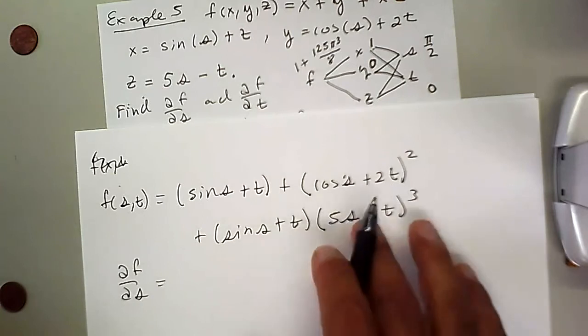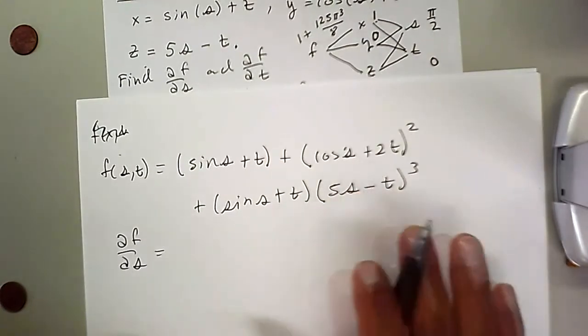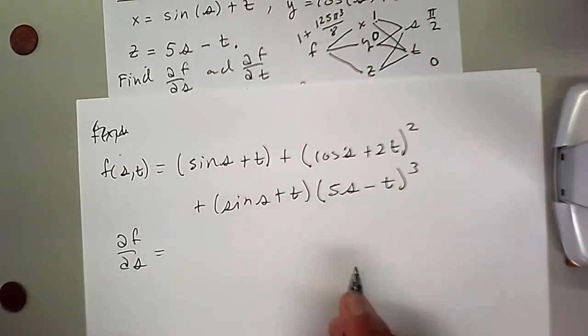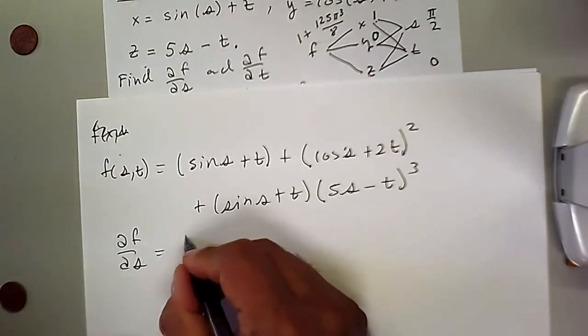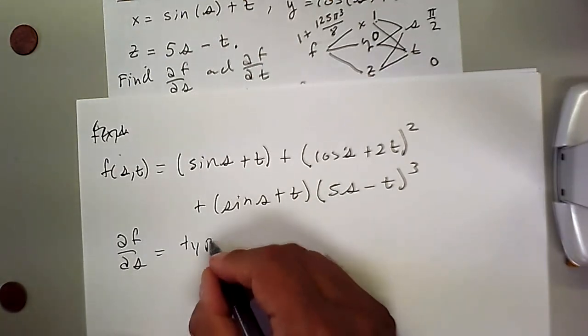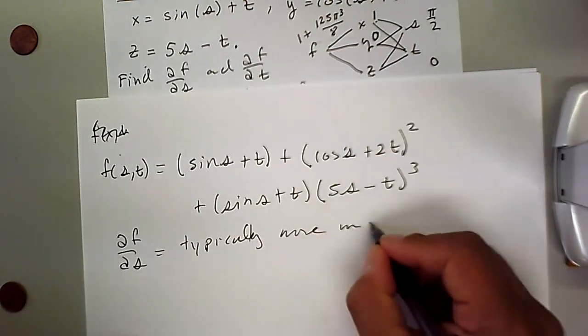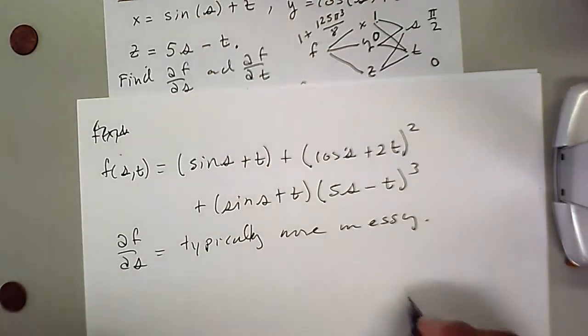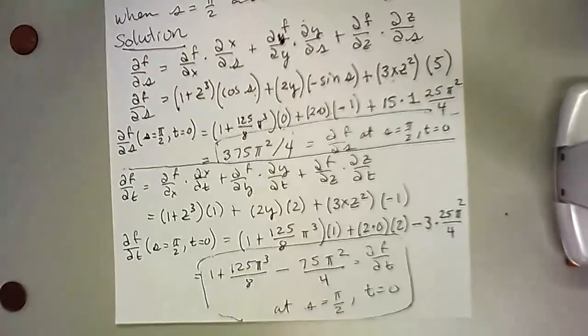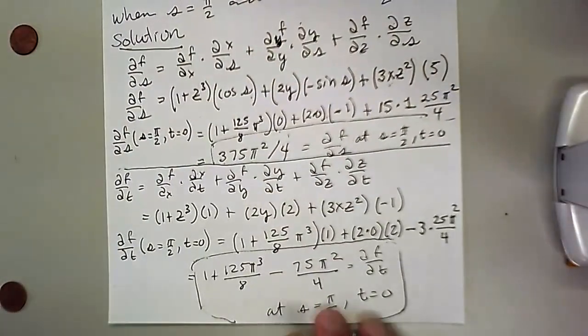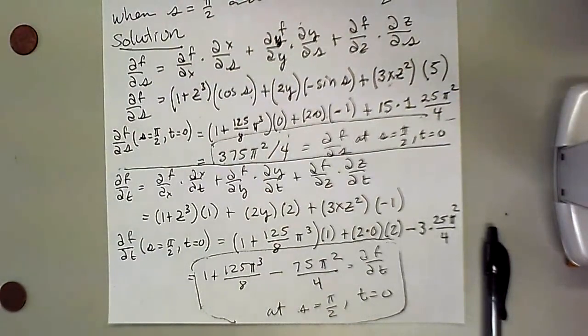It gets messy. Can we do it this way? Absolutely, yes, but typically it's more messy. So that's why we use the chain rule in its place. All right, this is the chain rule in multivariable calculus.